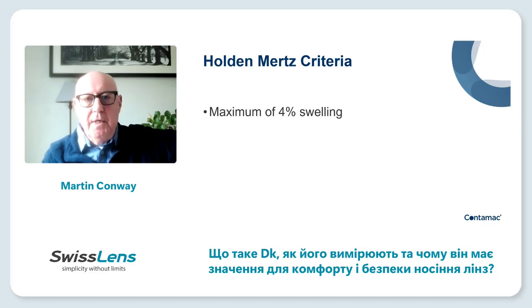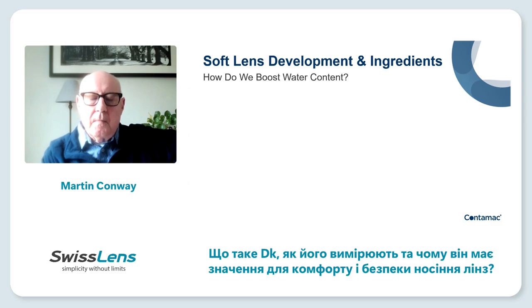So this was the first measure of safety for soft contact lenses. And they calculated that a Dk/T of 24 was required to maintain corneal health over that period. This figure was later challenged and increased by other researchers, but the industry tends to use this as a guideline. So 24 is the figure that we're looking at.